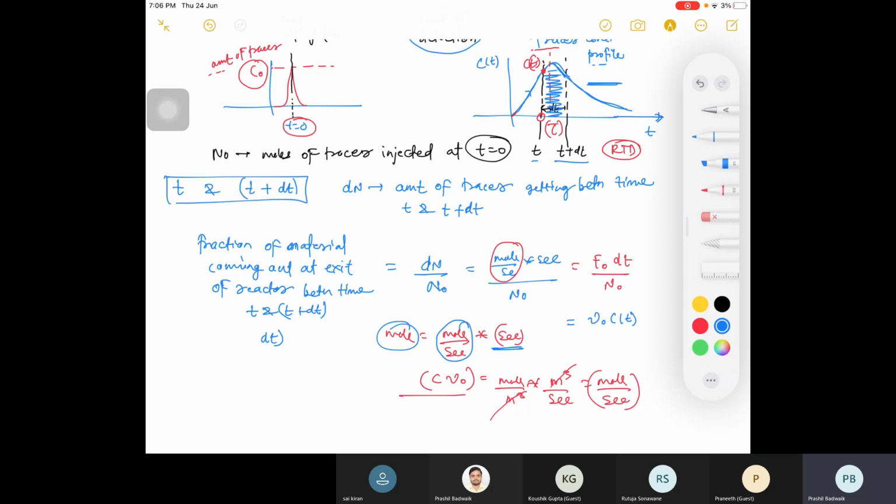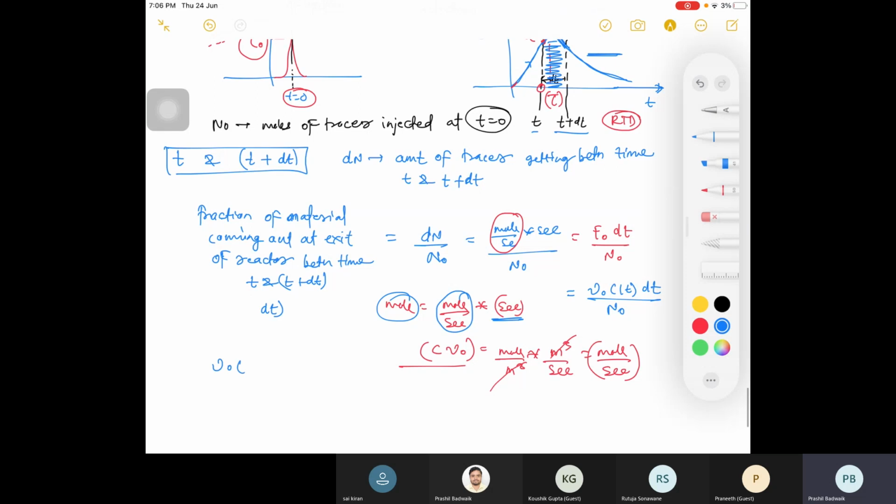Here, this is your ct concentration, it is increasing and decreasing. So the average concentration I am considering as ct, and dt will be there divided by n naught, right? Will it be equal to the fraction of material coming out in time span dt? How much material came in dt time is your nu naught, average concentration, into dt.